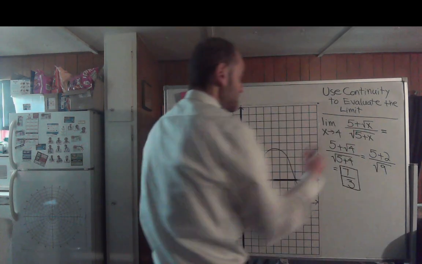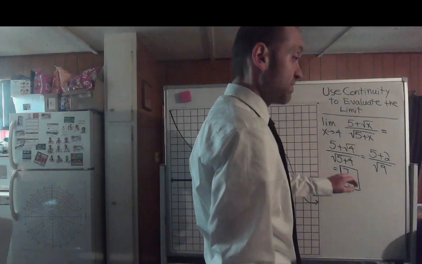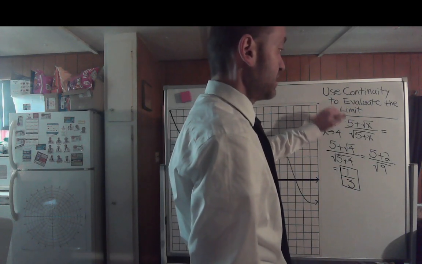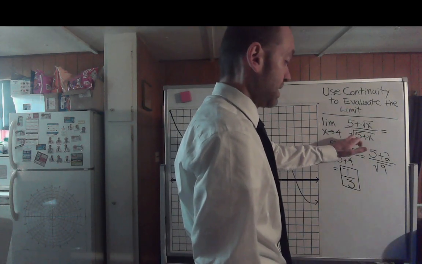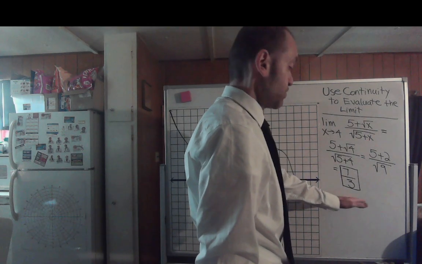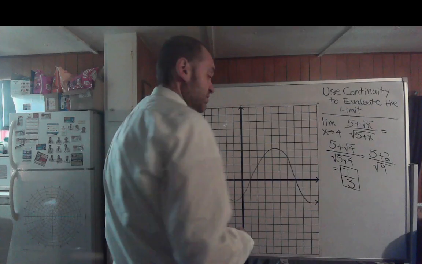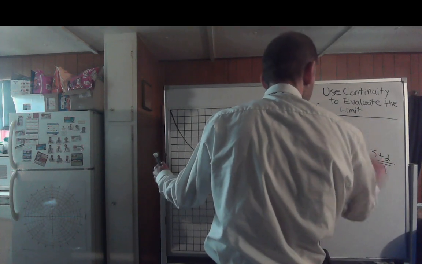So the limit as x approaches 4 of this function is 7/3, and we were able to use continuity to evaluate the limit since the function is defined when x equals 4, and use direct substitution as a result. I've got 3 more of these, and then we'll get into the first type of discontinuity today.